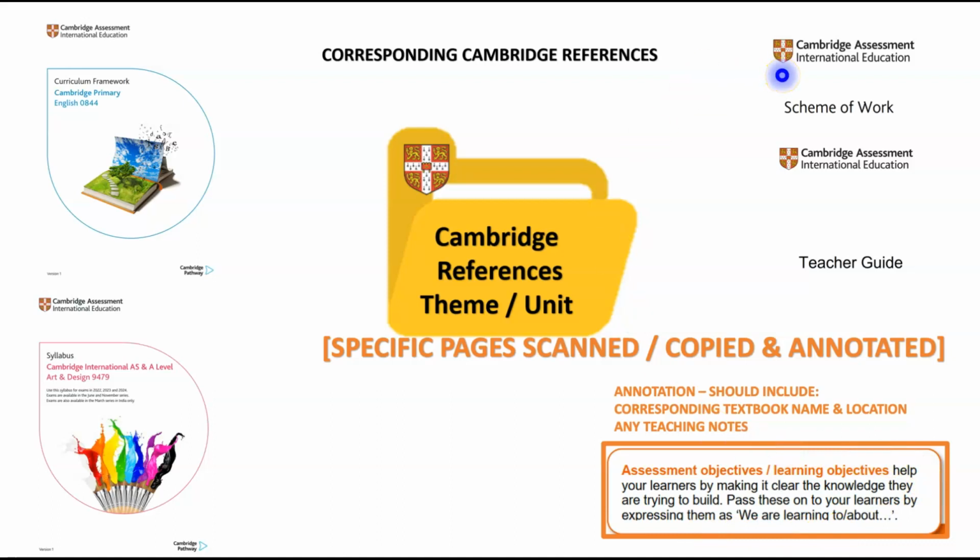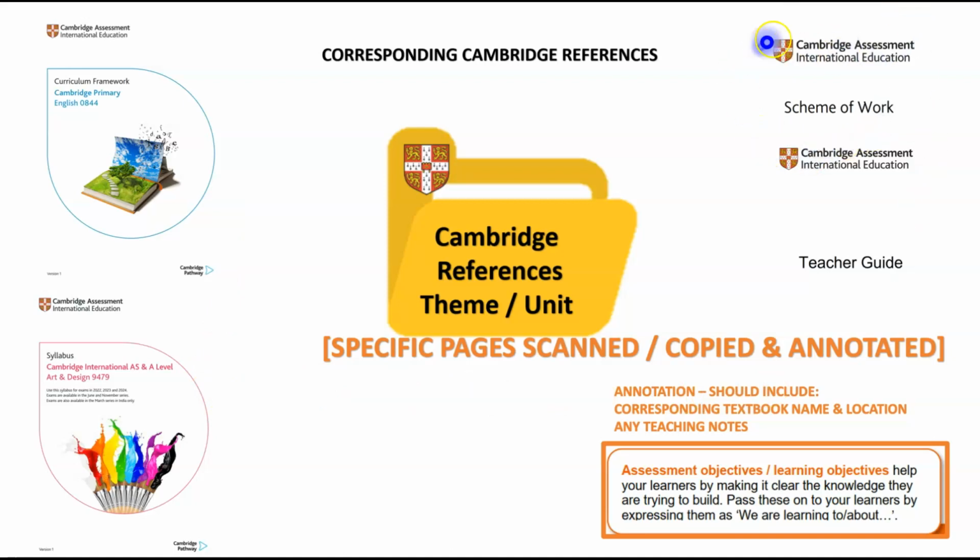which assessment objectives you are looking at in your scheme of work. You may then have, for example, gone to the teacher guide and found some information there that you've used for this specific theme or sub-theme. And then you may have gone to your curriculum framework or syllabus, and there you found specific information as well as the scheme of work.